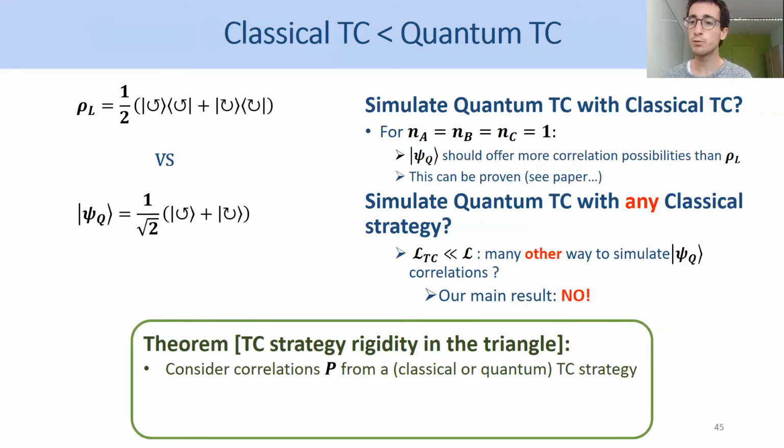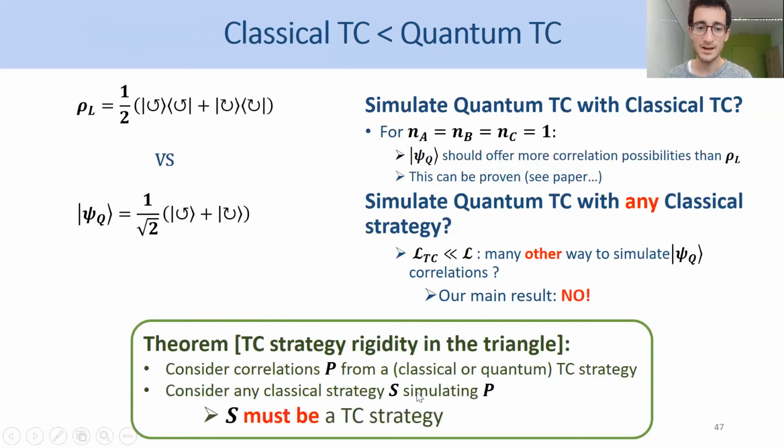If you consider any correlation P, coming from either a classical or a quantum token counting strategy, and if you consider any classical strategy S that simulates P, with this "any" expressing the whole complexity of possible classical strategies, then S must be a token counting strategy.